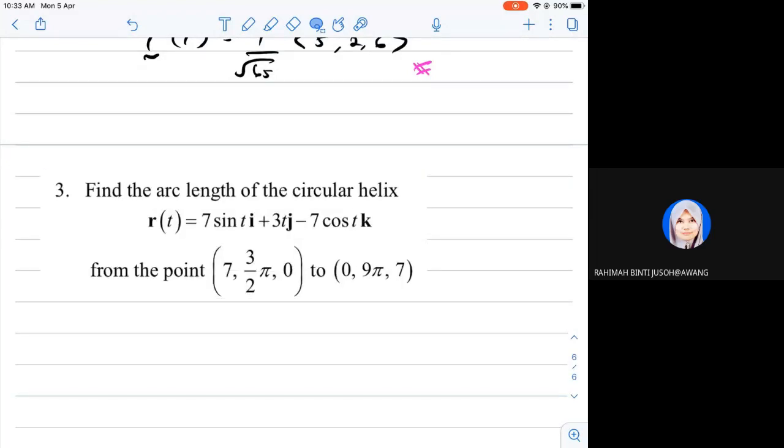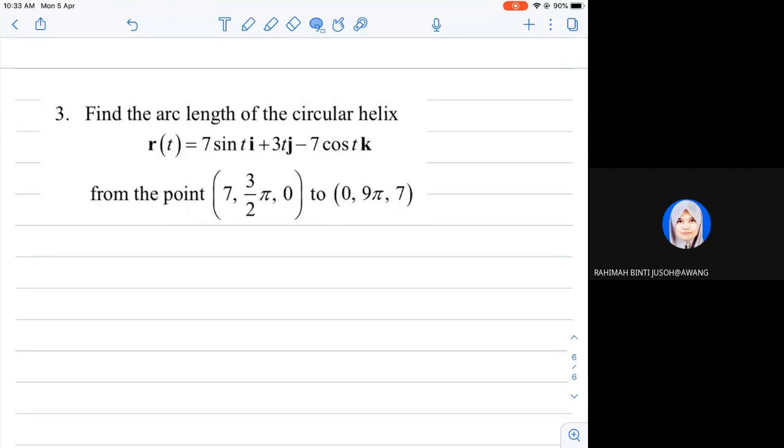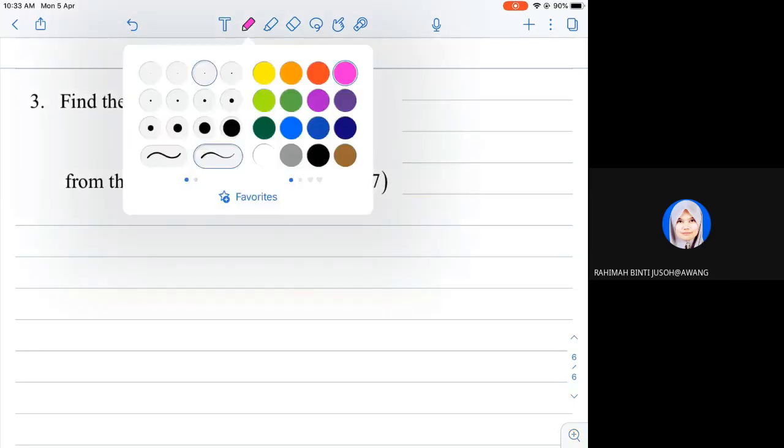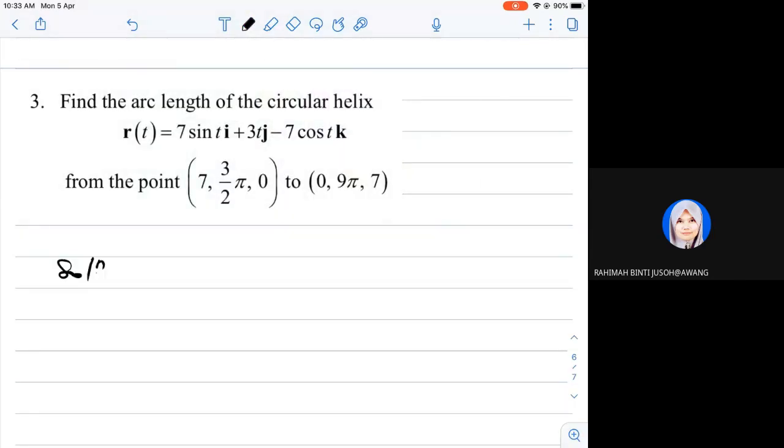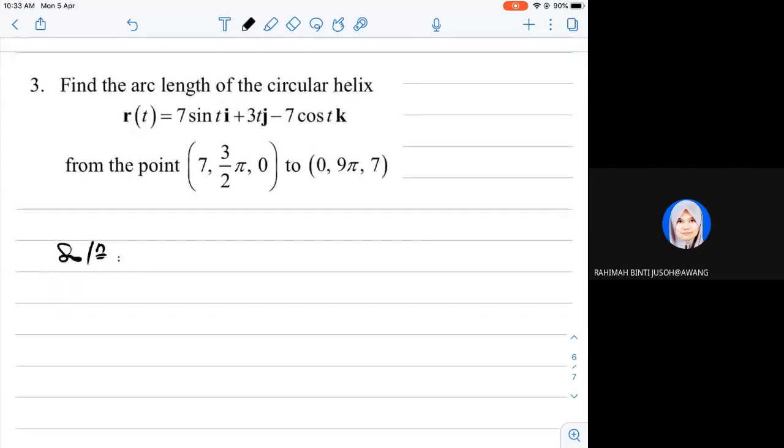Okay, so we have R, right? So solution. Mana pin pula. What's the missing information here, guys?